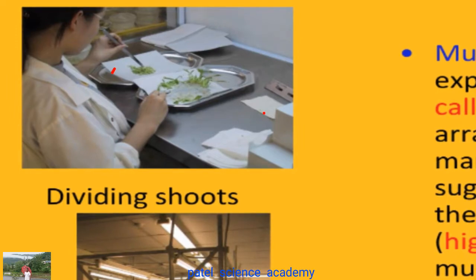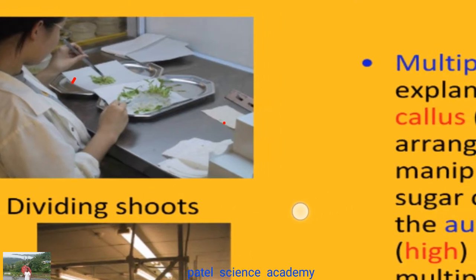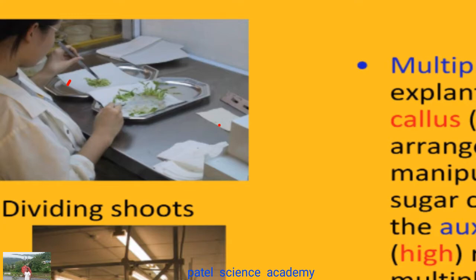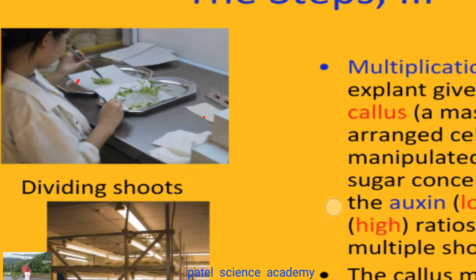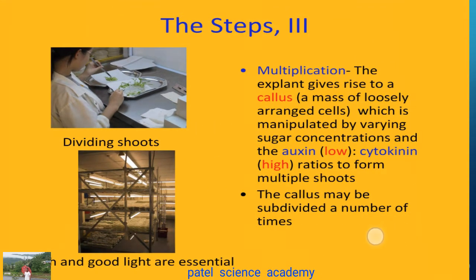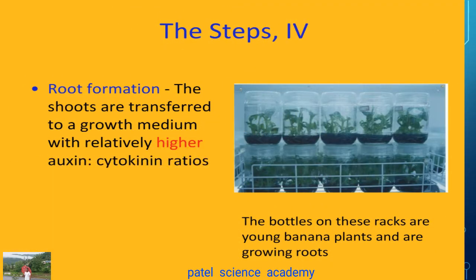Why? Because auxin's low concentration and a high concentration of cytokinin are responsible for the shoot system development. So in this step the shoot system has developed, and in the next step a root system is going to be developed. Why is it going to be developed?